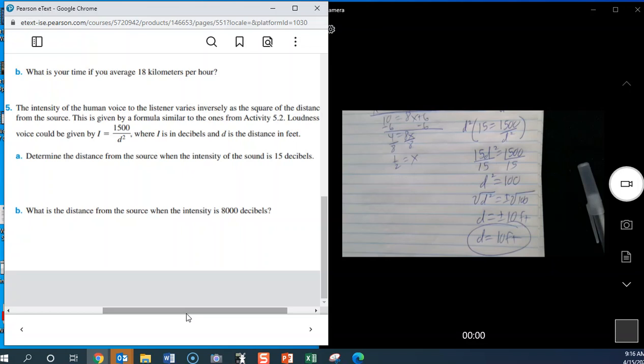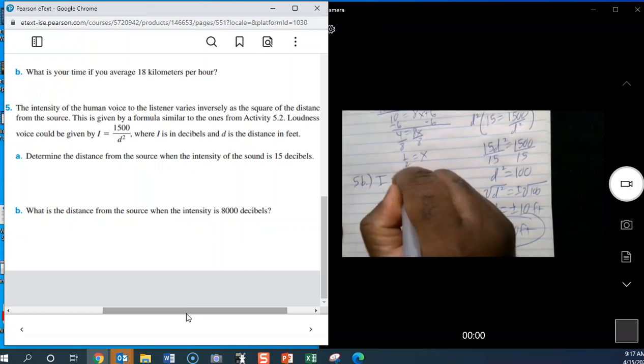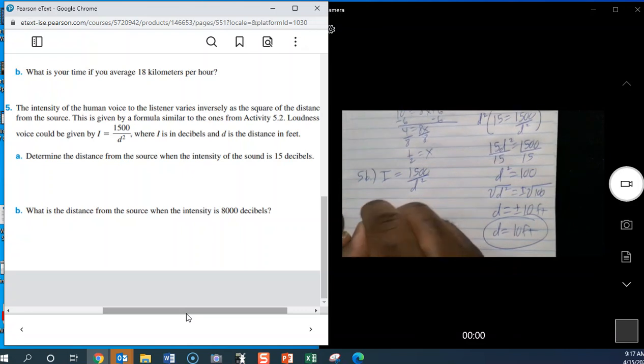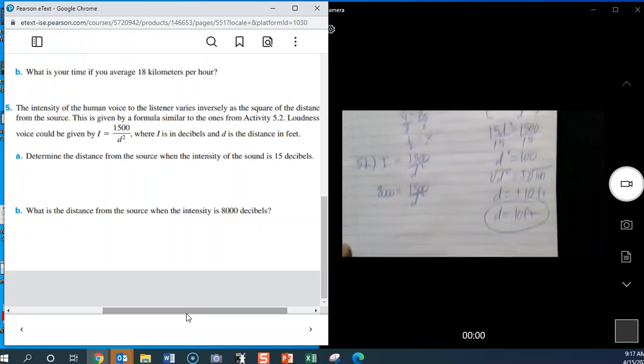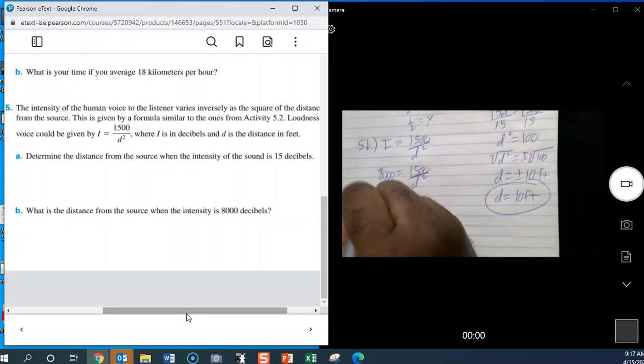Now we go here to B. What is the distance from the source when the intensity is 8,000 decibels? So we'll do 5B. We have our I is equal to 1500 over D squared, and they tell us the intensity is 8,000 decibels. So we'll solve this the same way we just did the other problem. We'll multiply everything by D squared.